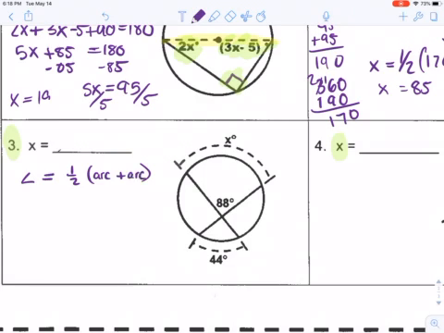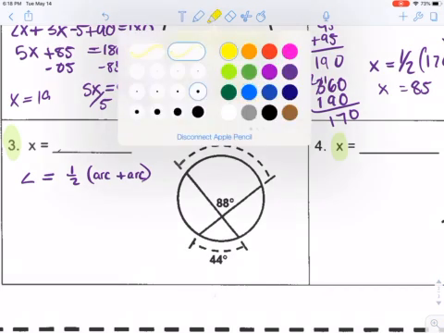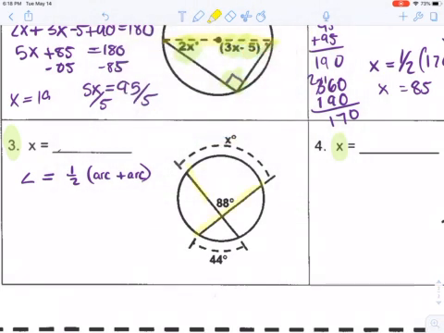Arc plus arc. So we're going to plug in our pieces into this expression. The angle formed between these two chords is 88 degrees. 88 degrees is half of the sum of the two arcs, the sum of x and 44.